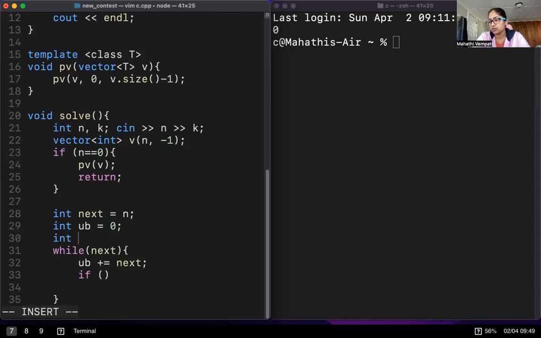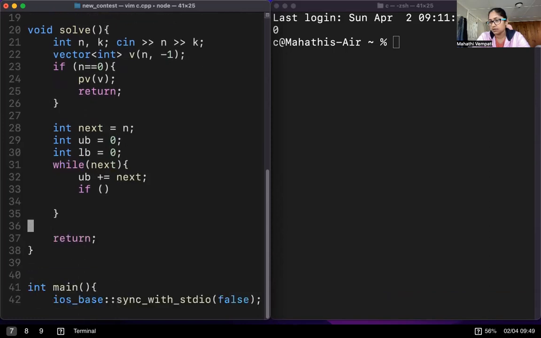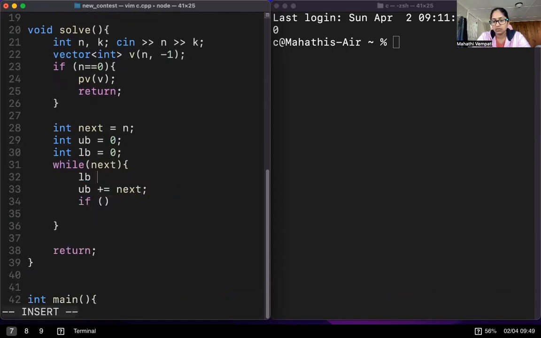Might be useful to have a lower bound as well. While next lower bound is equal to upper bound.